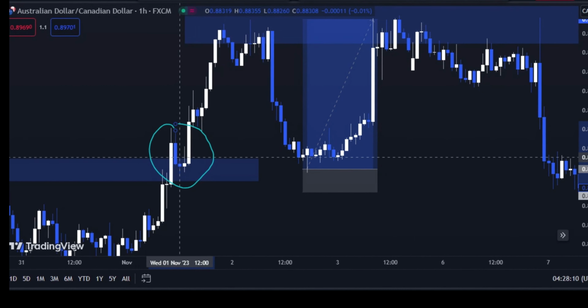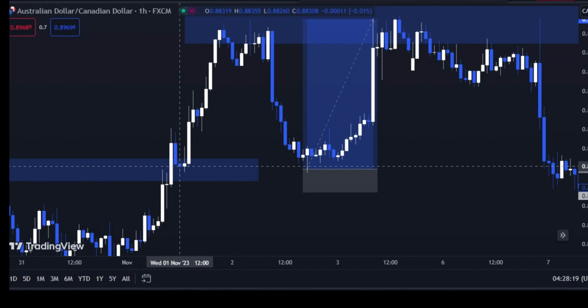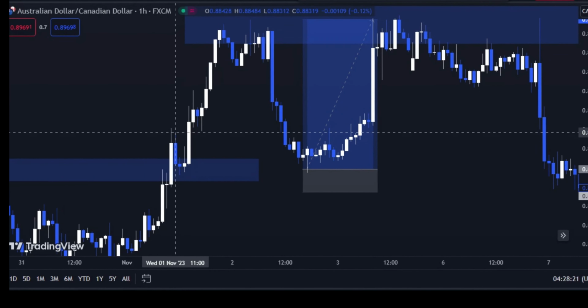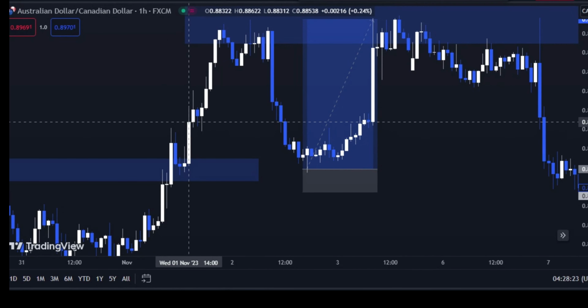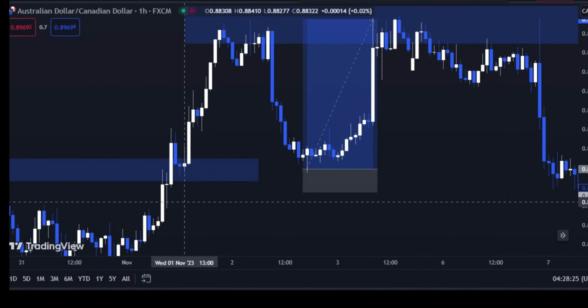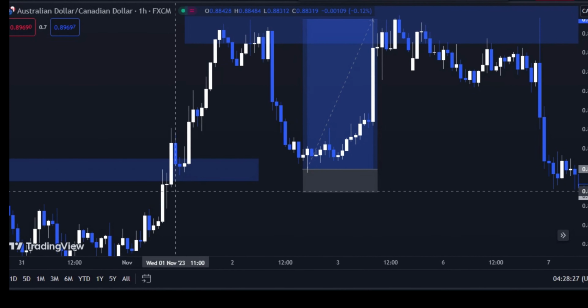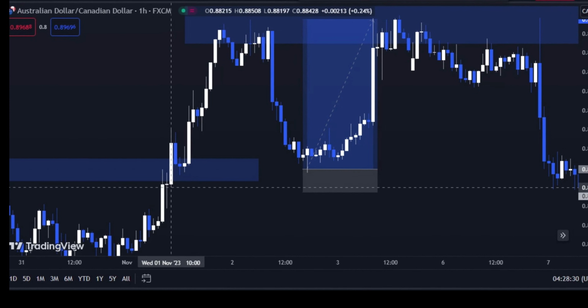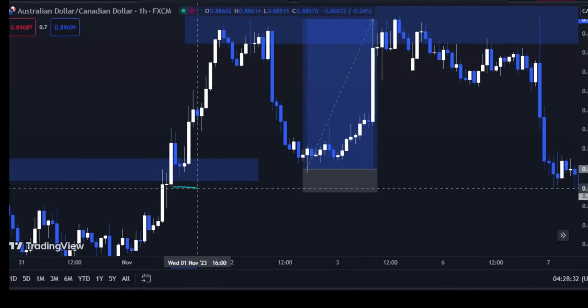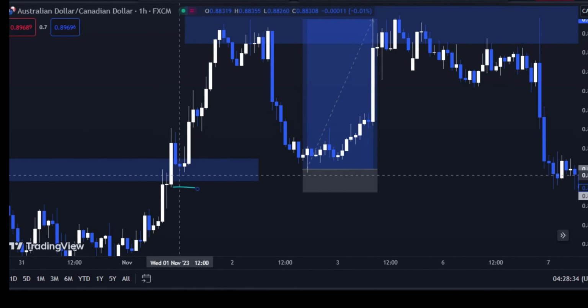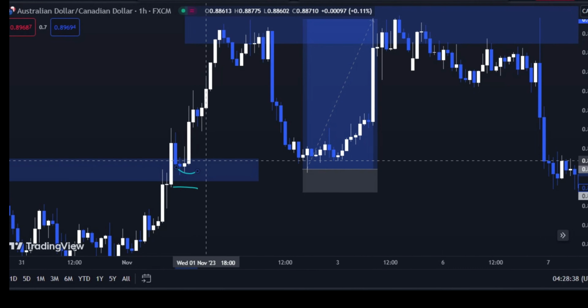After the high of this candle was formed, we saw these candles pushing down and finally breaking above this candle up. But it fails to take out the low of this candle here. Since price did not take out the low of this candle, this pullback here is not valid.